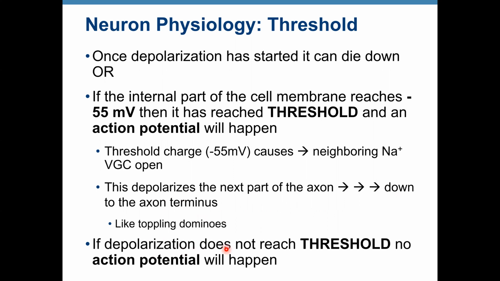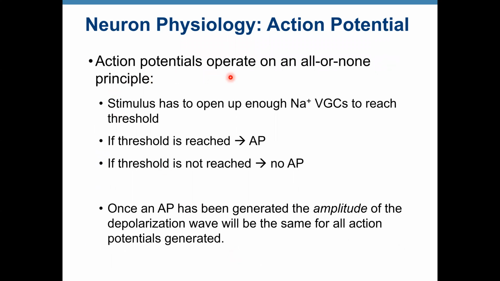If depolarization does not reach threshold, no action potential will happen. So action potentials operate on the all or none principle. The stimulus has to open enough voltage gated sodium channels to reach threshold. If threshold is reached, we have an action potential. If threshold is not reached, no action potential.